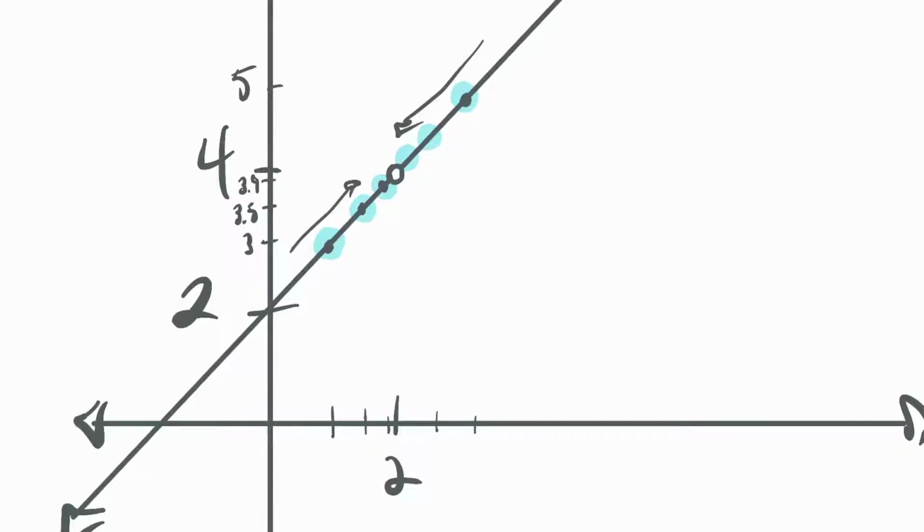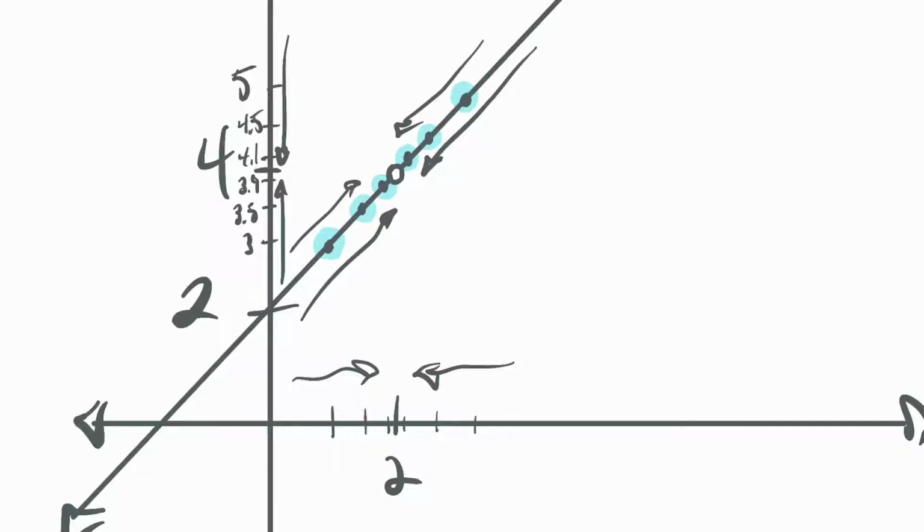If I go to 2.5, I got 4.5. And if I go to 2.1, I got 4.1. When I zoom in on 2 on the x-axis, I'm also zooming in on the y-axis. When I get close to 2 in the x-coordinate, I end up getting close to 4 in the y-coordinate. That's the concept of a limit.